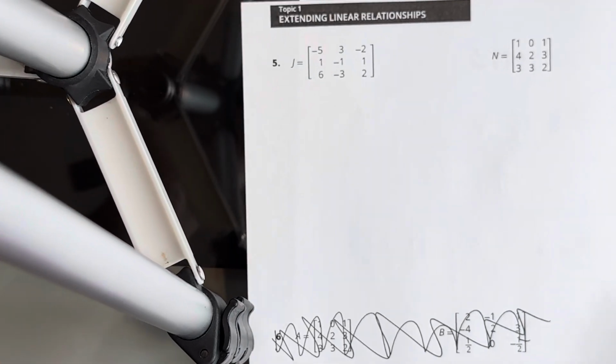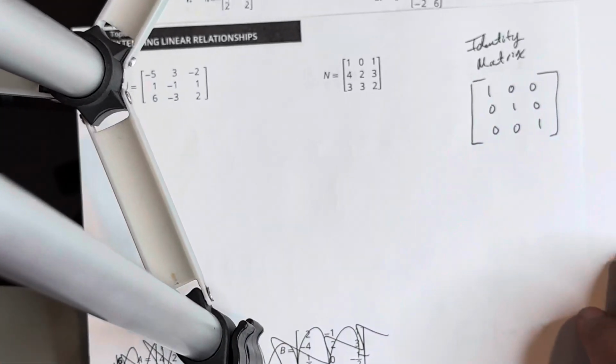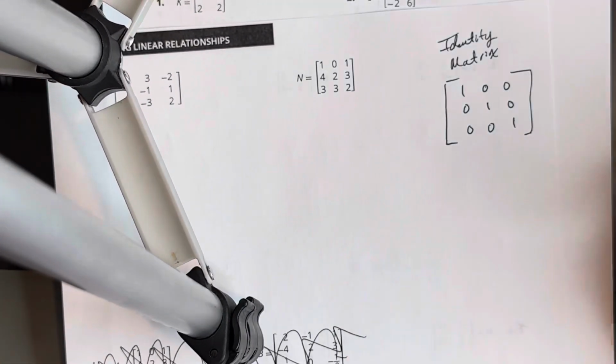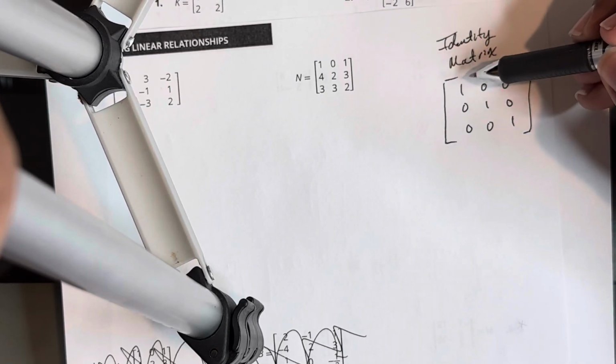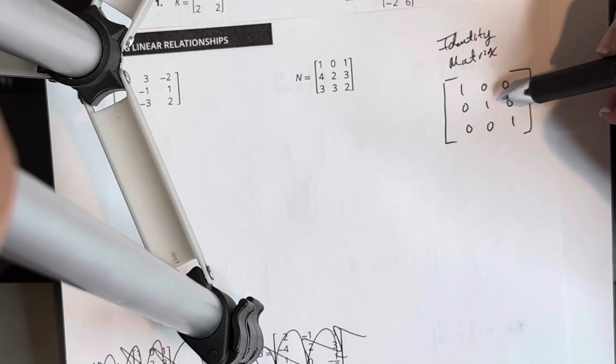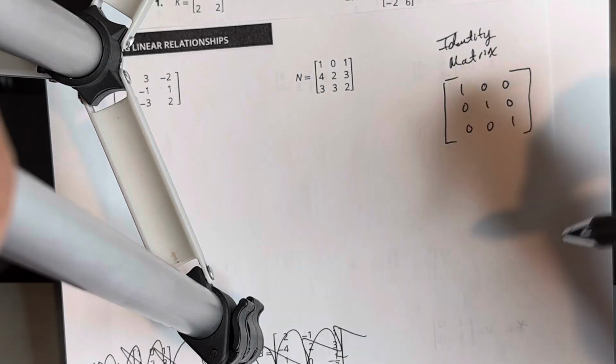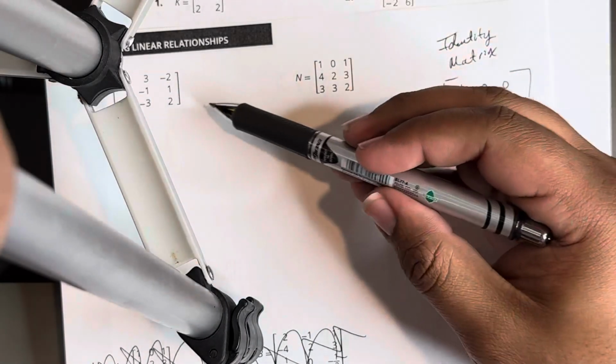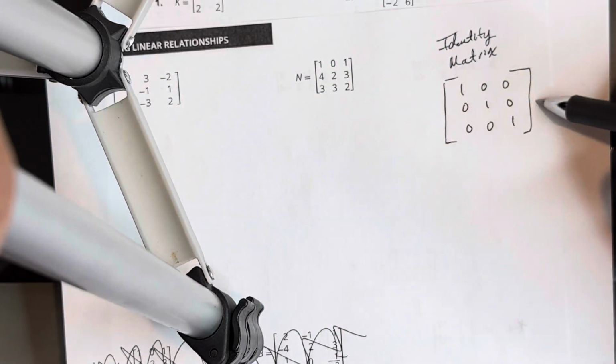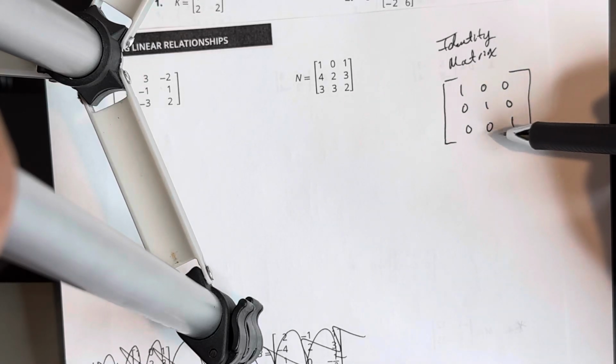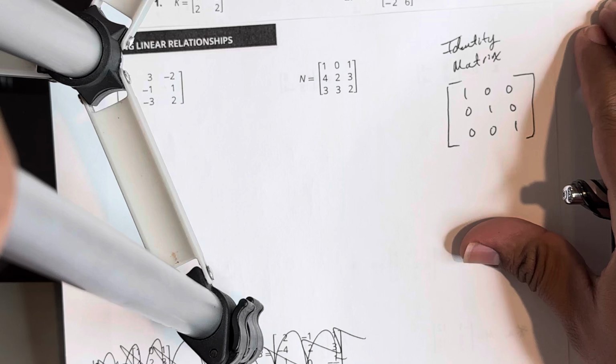Oh, I always forget to move it over, sorry. Identity matrix 1 0 0 0 1 0 0 0 1. So when we multiply these two matrices, we want to have this as our final answer to say, okay, yes, they are inverses of one another.